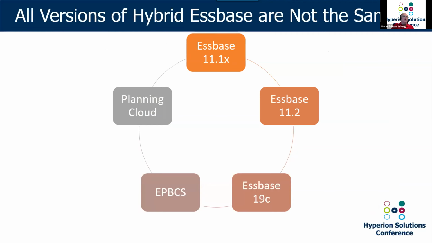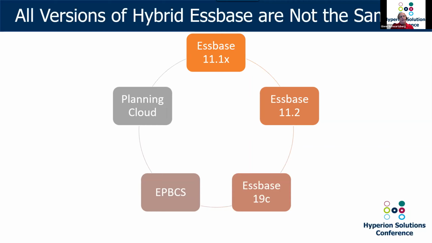In Planning Cloud, when they first initiated it, it was a special version of 11.1.2.4 that was more functional than the on-prem 11.1.2.4 version. In Essbase 11.2, it is pretty much the same version that it's using in Planning Cloud, which is an 11.1.2.4 version. But like I say, it's a special version. Unless, well, I won't even go there.